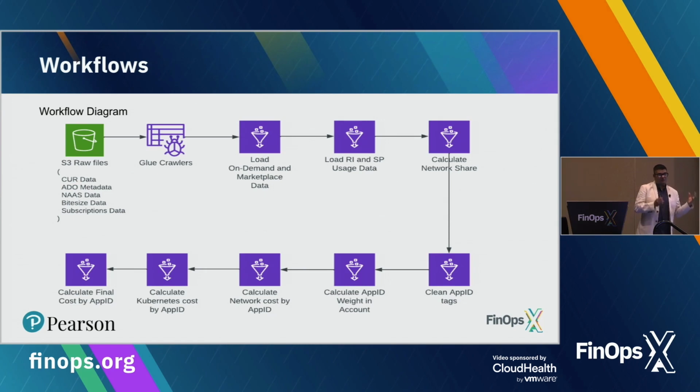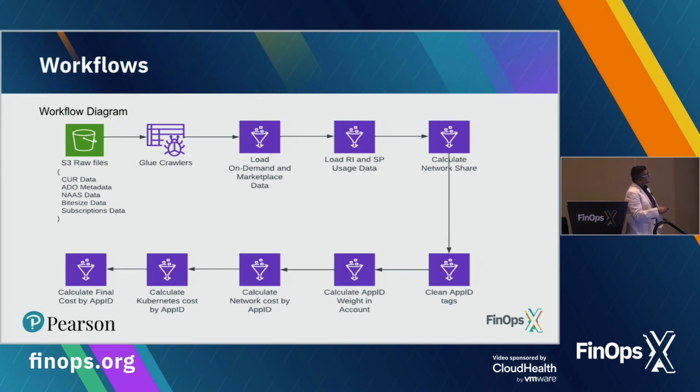So we get that support fee at the master payer level. Now, instead of the organization paying for all your support cost, we take that and distribute it among all the accounts and all the applications, depending on their usage, and that's why we keep track of the subscription data, right? So after we load all these raw files, we run the crawler, and then it sets up the schema and everything.